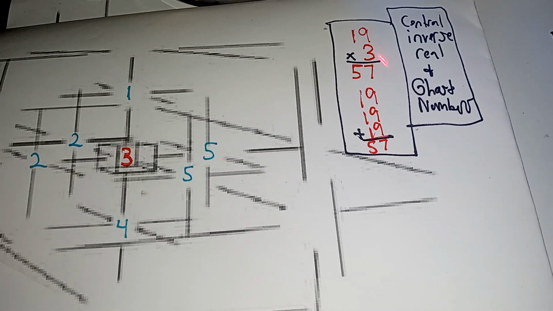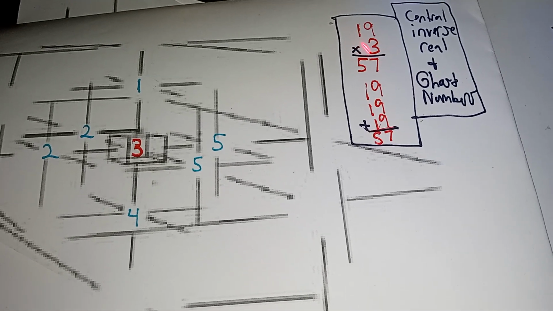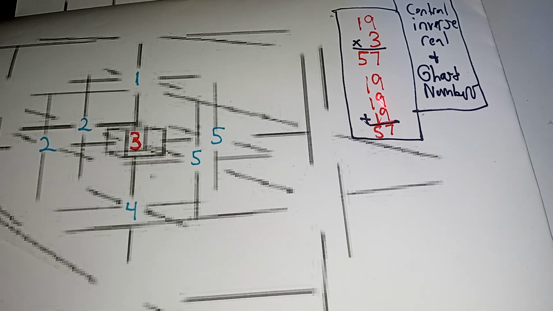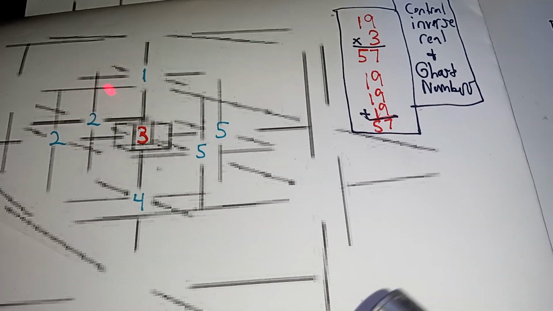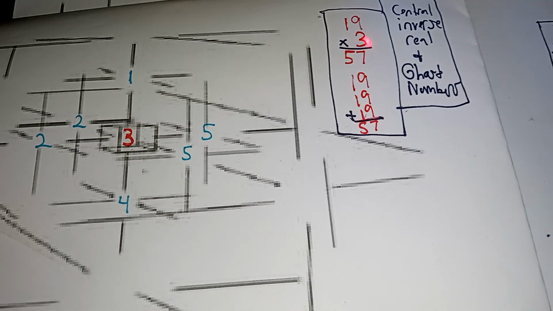That gives you 19. 19 times 3, 19 3 times, is 57, for the ghostlier central ghost number.